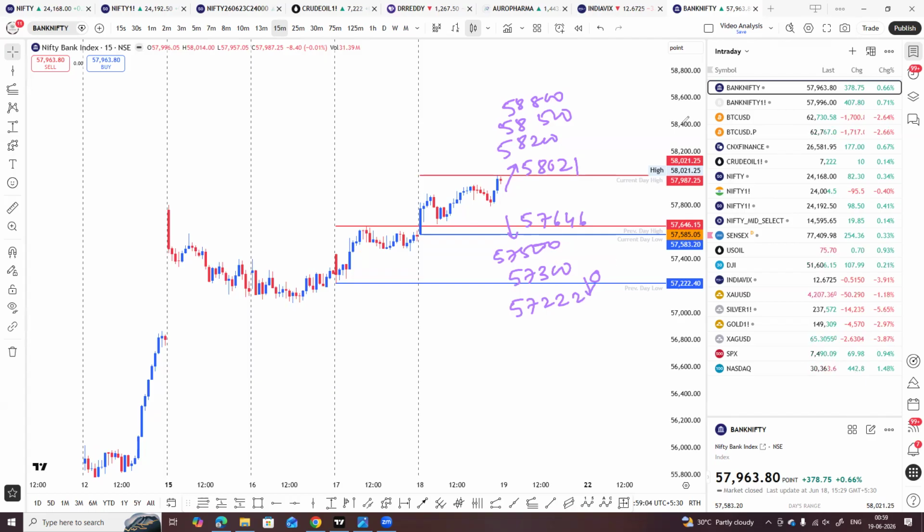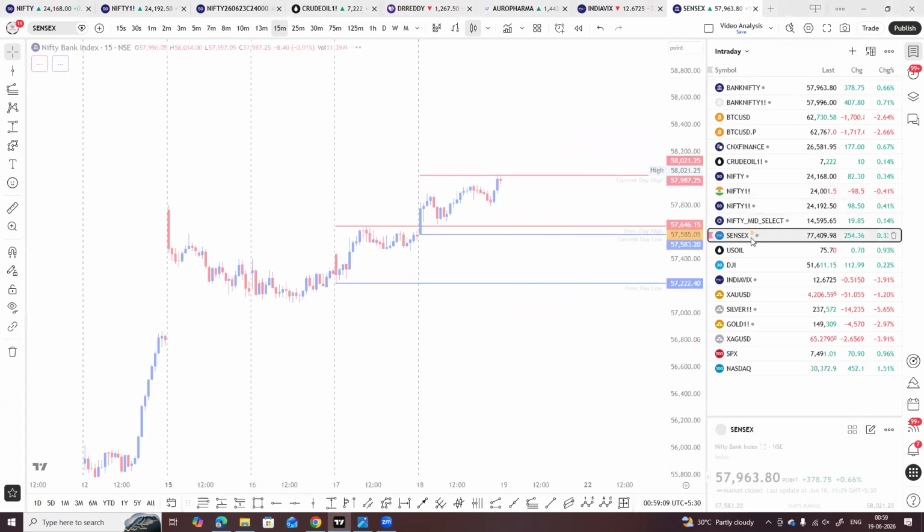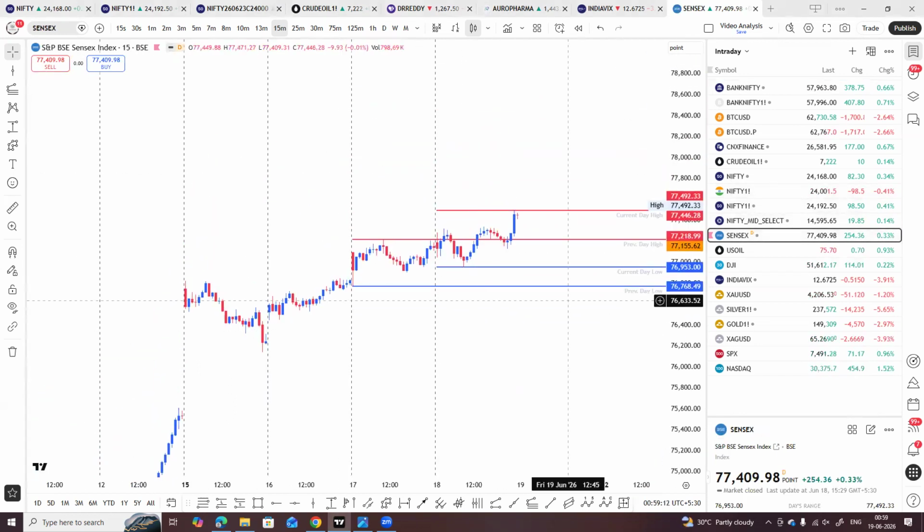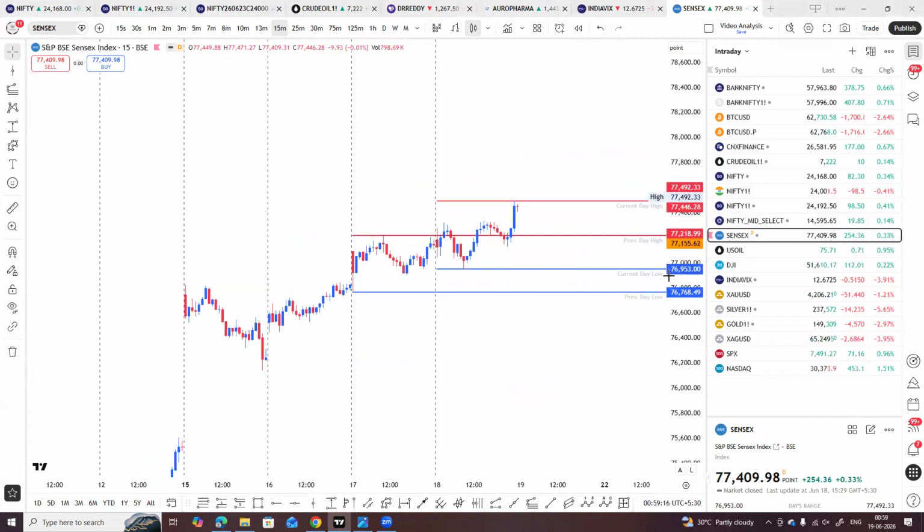Finally, just to have an overlook at the Sensex, what is going to be its behavior tomorrow? Sensex also closed near the day high after successfully holding above the previous day high.